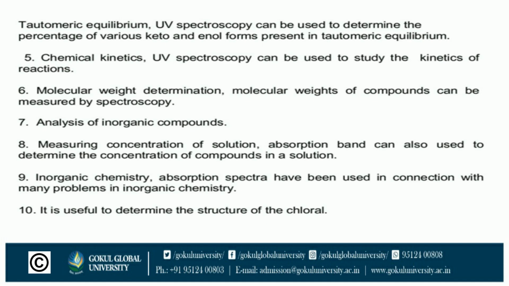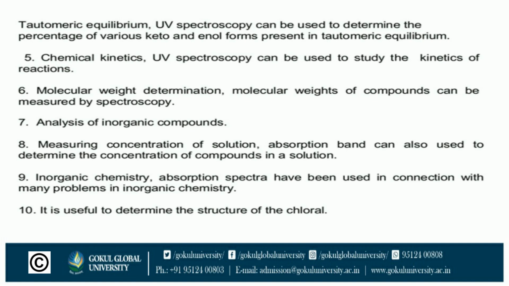Tautomeric equilibrium. UV spectroscopy can be used to determine the percentage of various keto and enol forms present in tautomeric equilibrium. So UV spectroscopy is also useful for tautomeric equilibrium. There are two types, keto and enol.